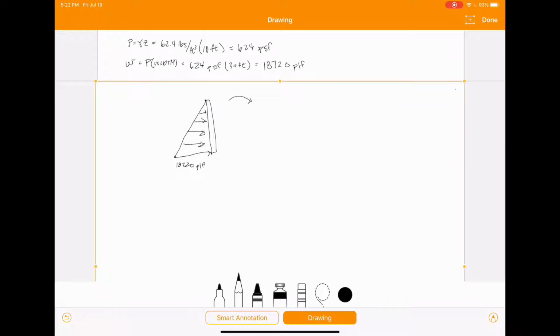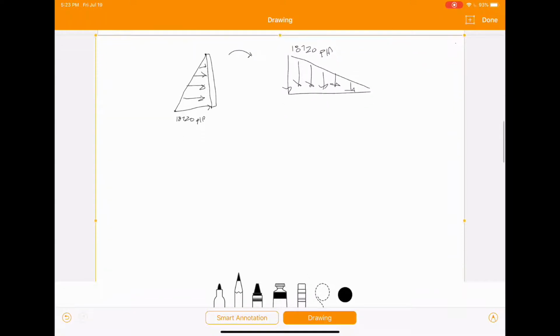Again, if you just rotate that 90 degrees clockwise, you're going to end up with this loading here, which we've seen a million times and you know how to do.